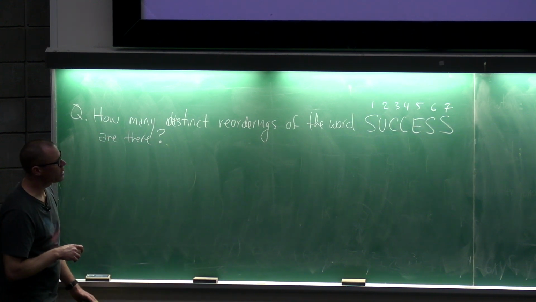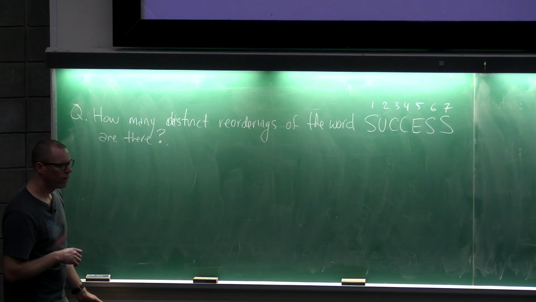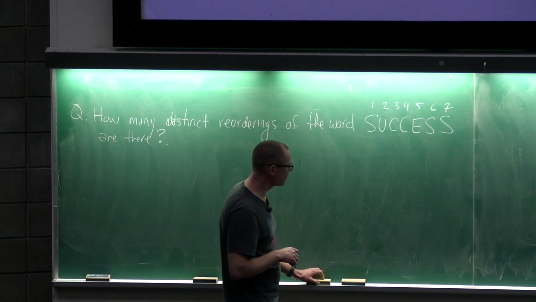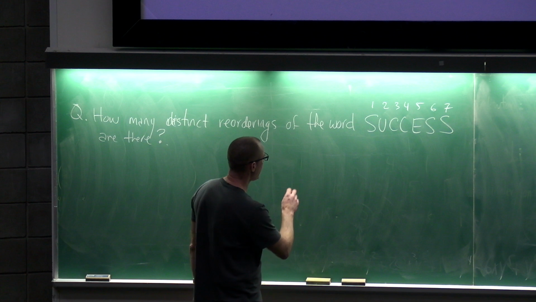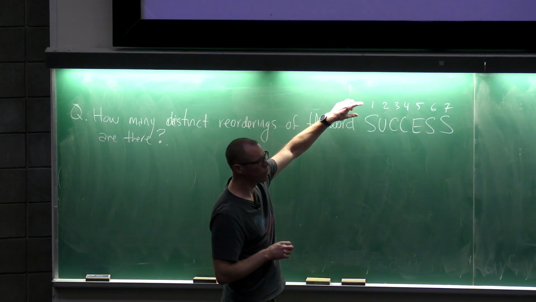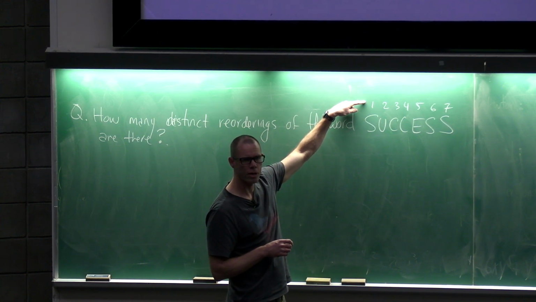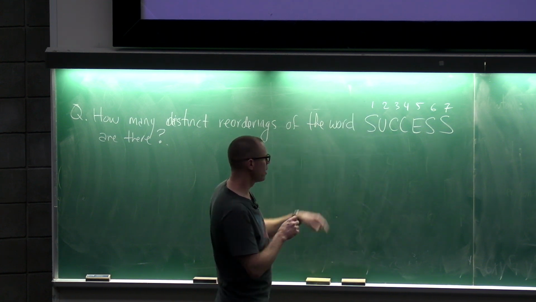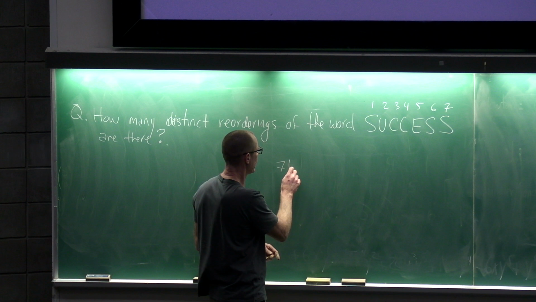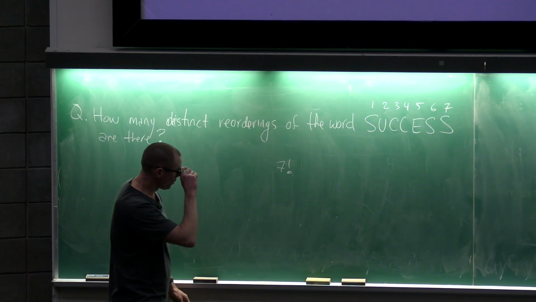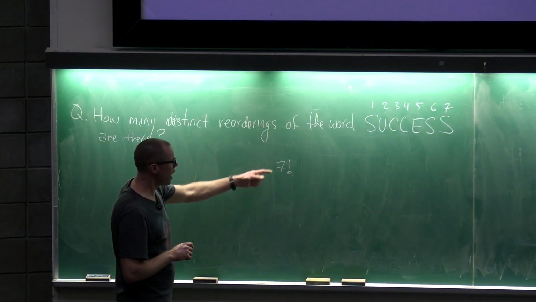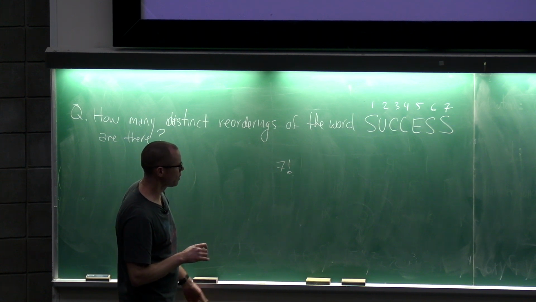The reason I don't want to say permutation here is that if I was counting permutations, you would know the answer. How many permutations of 7 elements are there? 7 factorial. So that would be the answer if I was really counting permutations.